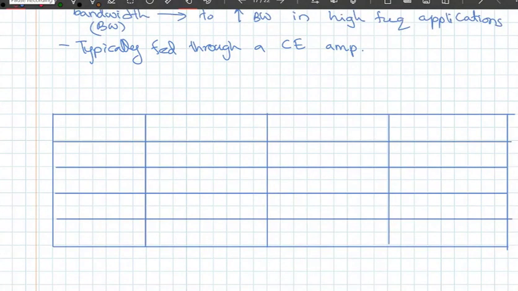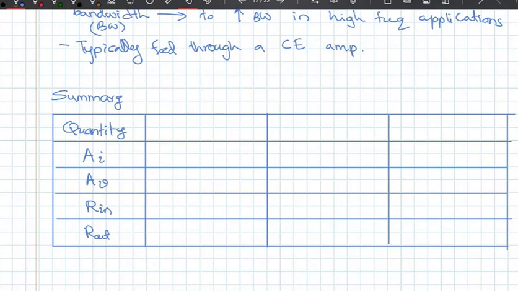Let me tabulate this as a summary: the quantities like current gain, voltage gain, input impedance, and output impedance for the common emitter, common collector, and common base amplifiers.